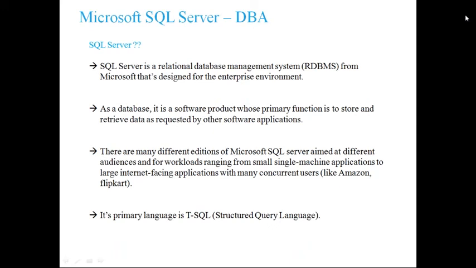On the other side, if it is not a relational database management system, what would be the case? It's something like the files on your local system, maybe notepad files.